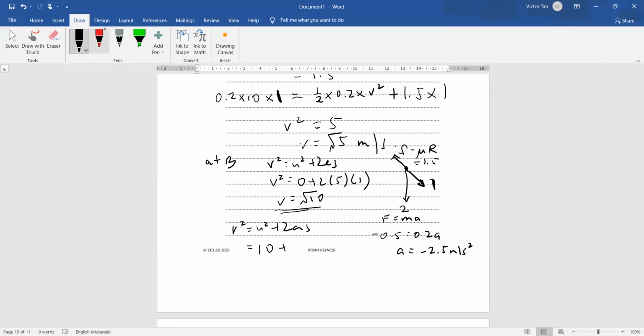So it's 10 plus 2 times minus 2.5 times 1. So still correct, 5. So v is square root of 5.